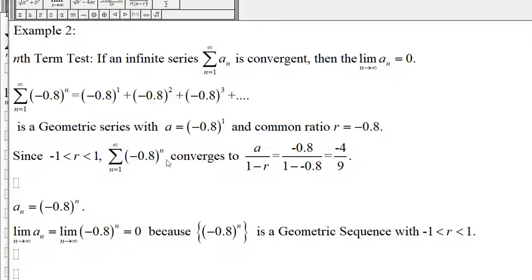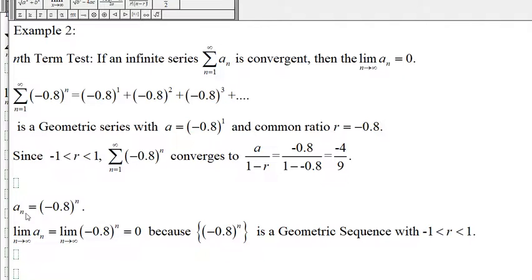Therefore, the infinite series converges to a divided by 1 minus r. In this case, a is -0.8 and r is -0.8. When we simplify, we get -4/9. So this infinite series converges to -4/9.